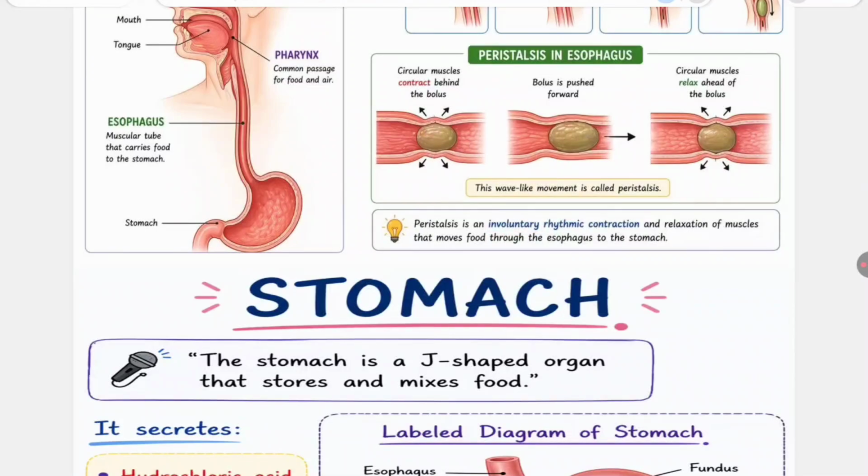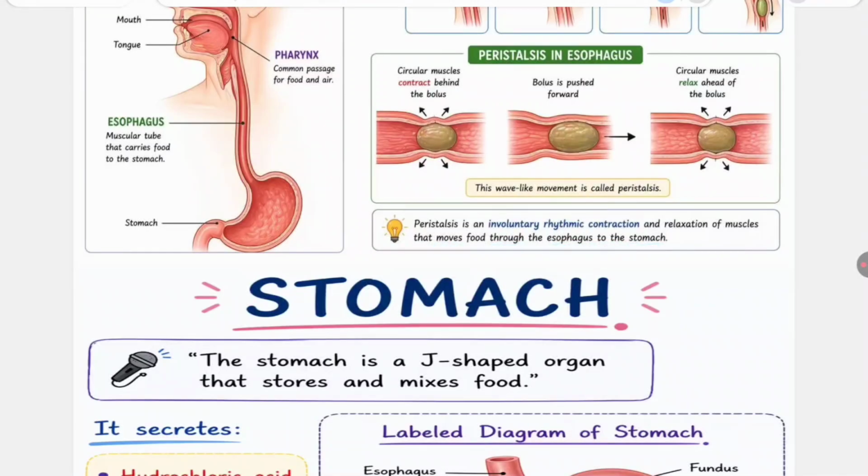Voluntary means we can affect it or stop it, but involuntary means there is no off button. So, involuntary rhythmic contraction. Rhythmic means one episode after another, coming in one rhythm. And relaxation of the muscle that moves the food through the esophagus to the stomach.